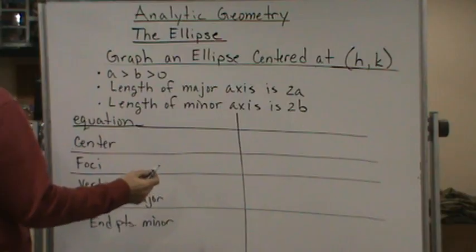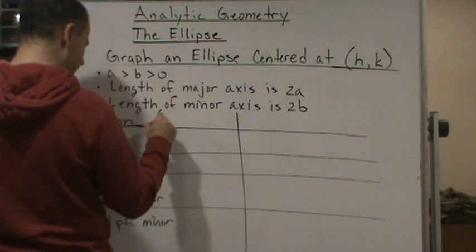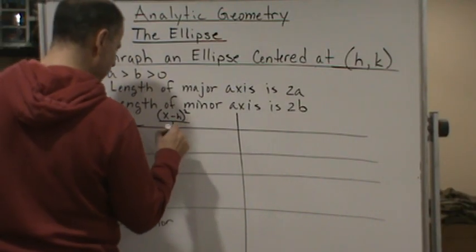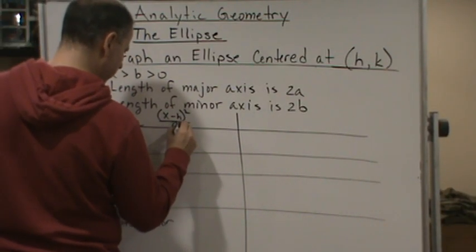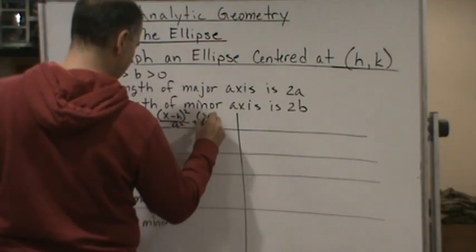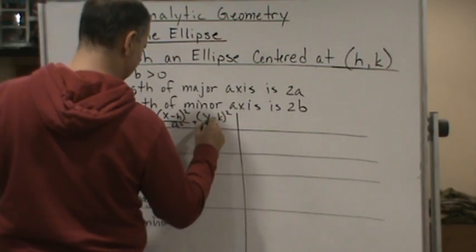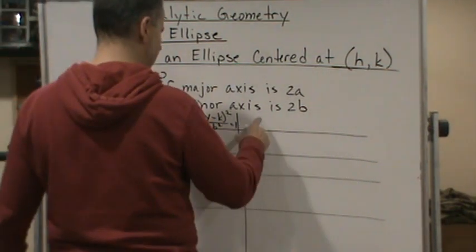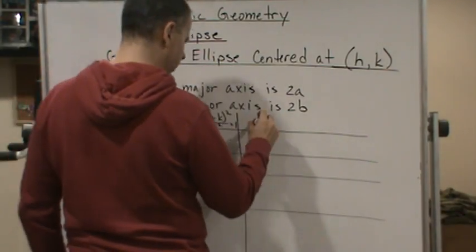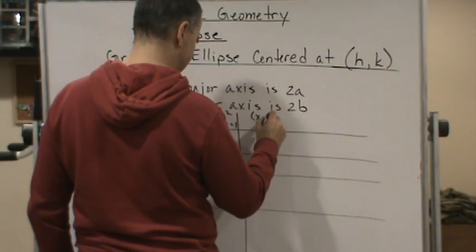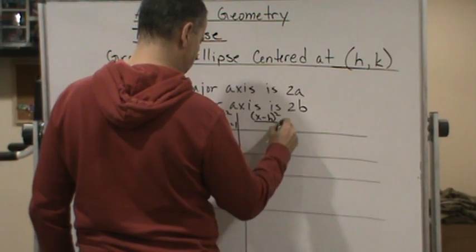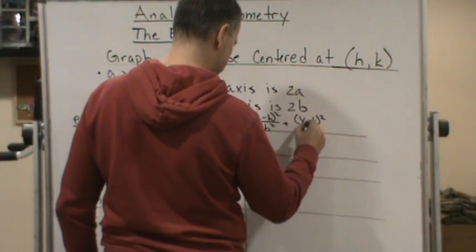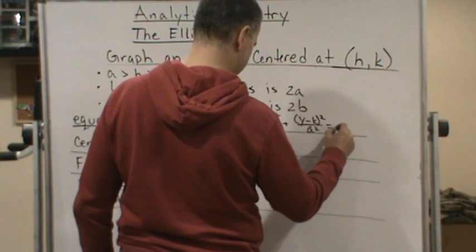So that would be the quantity x minus h squared over a squared plus y minus k quantity squared over b squared is equal to 1. Versus if the major axis is vertical, it would just be x minus h quantity squared over b squared plus y minus k quantity squared over a squared equals 1.